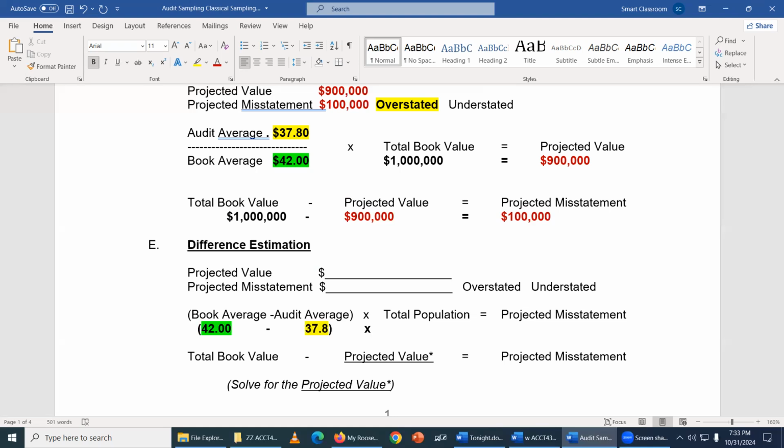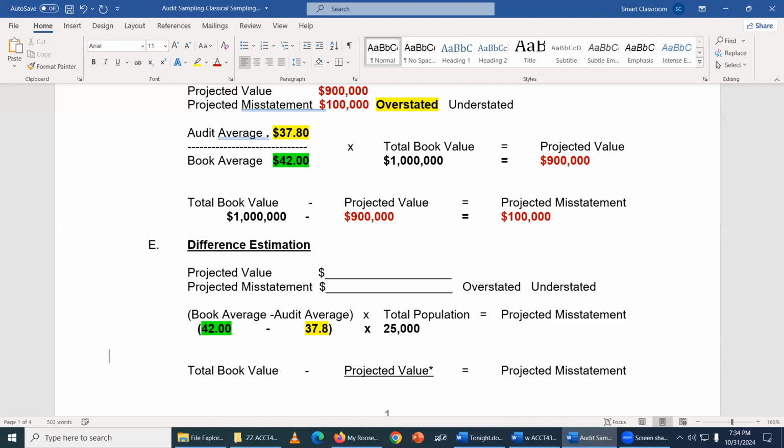So what is that? 42 minus 38 or whatever. 4.2. Okay, so everything's off by $4.20. We're going to multiply that by 25,000. Type this in here just so we know.